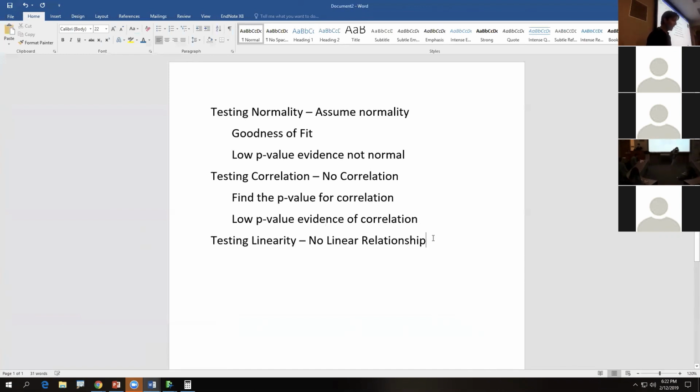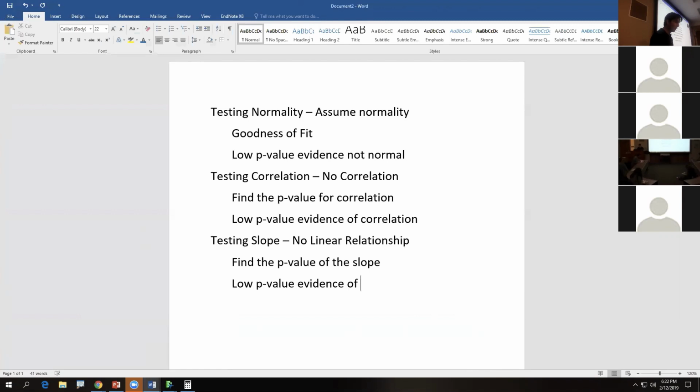So once again, the last one here when we're testing linearity, let's actually put testing the slope, because that could be confused for something else. Find the p-value of the slope. And what we would have here, low p-value, evidence of linear relationship. So if the p-value for the slope is low, the line actually does a good job of describing it.